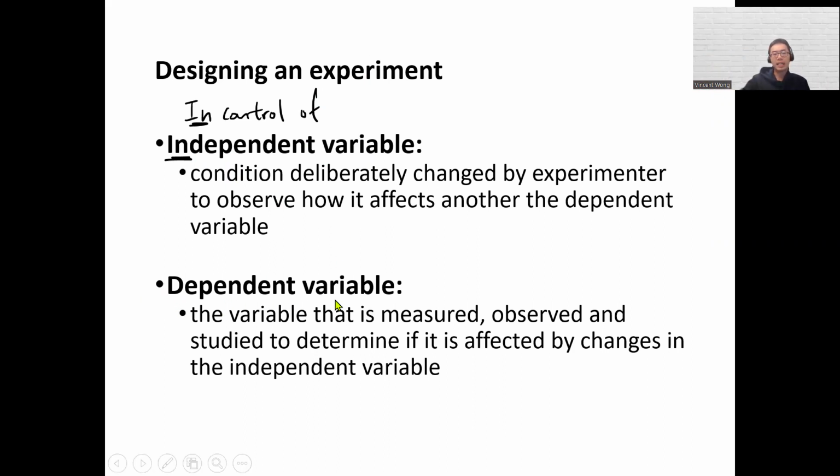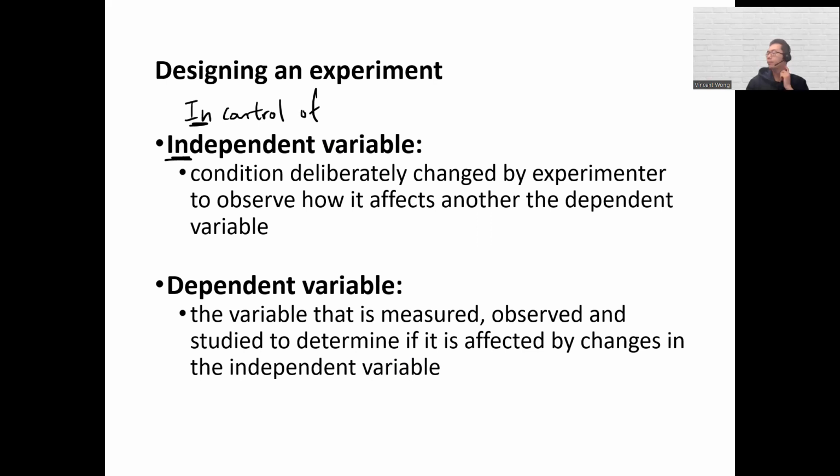The dependent variable is the one that you will be observing, the one that you will be studying, the one that you will be measuring to see if it was affected by the independent variable. So in our case, we put some plants in the shade and some plants in the sunlight. What would be the dependent variable in that case? What are you trying to observe? What are you trying to measure?